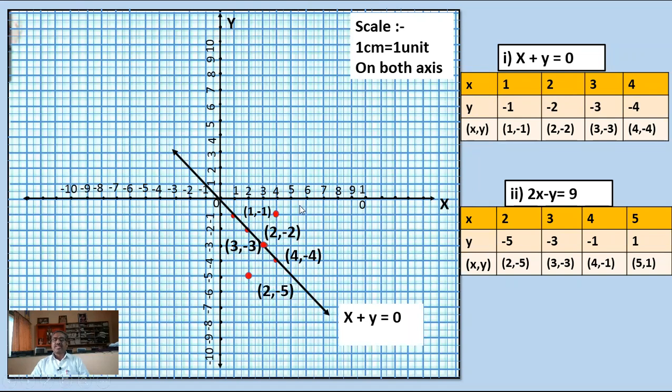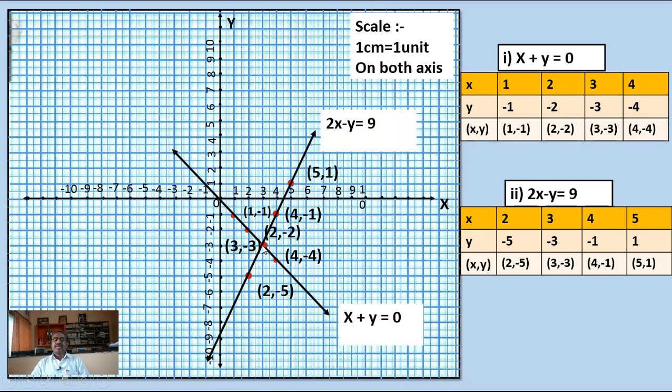Next is (4, -1), x coordinate 4, y coordinate minus 1. And (5, 1), x coordinate 5, y coordinate 1. We draw a line passing through all these points, then we get a straight line. This straight line is the graph of equation 2x minus y is equal to 9.